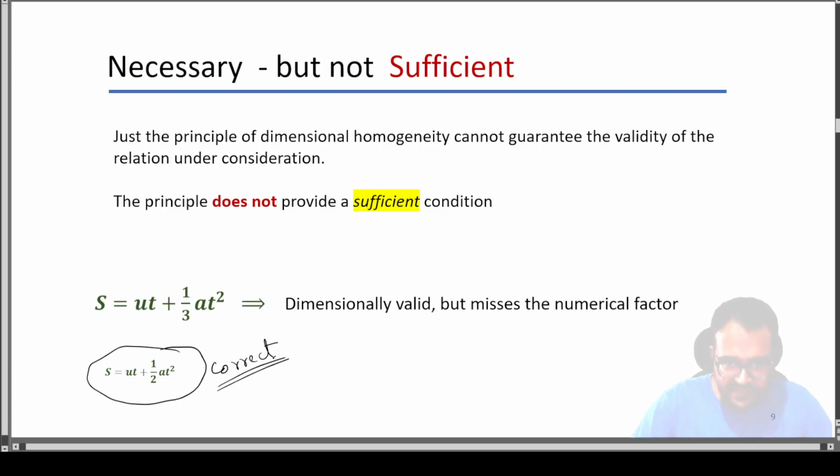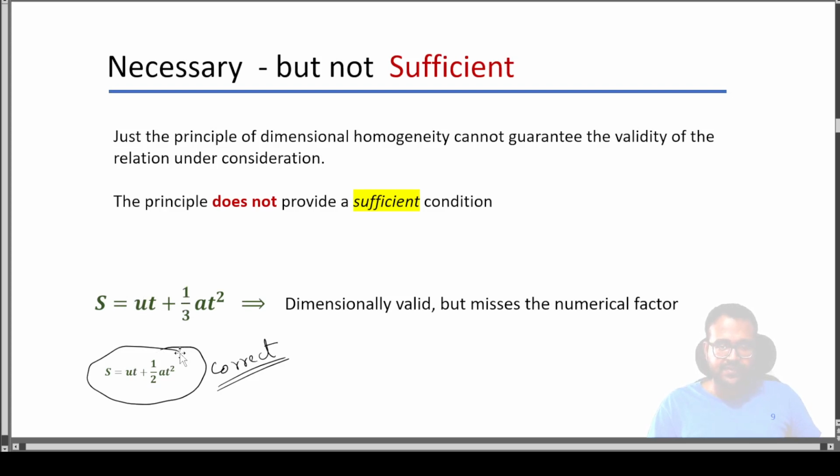So what I'm trying to say is, if an equation is dimensionally valid, that does not mean that the equation is correct. So an equation having a dimensionally correct relation is a necessary condition, not a sufficient condition. That should be very clear to you.